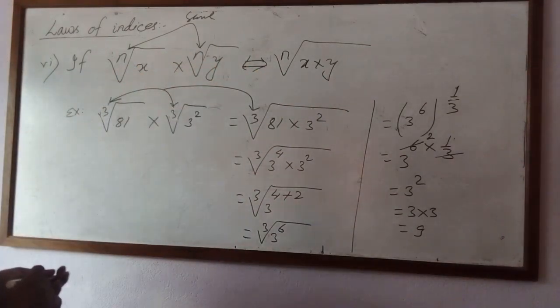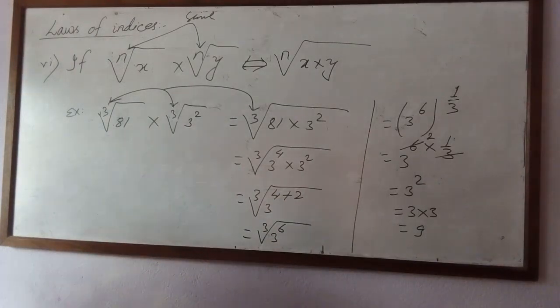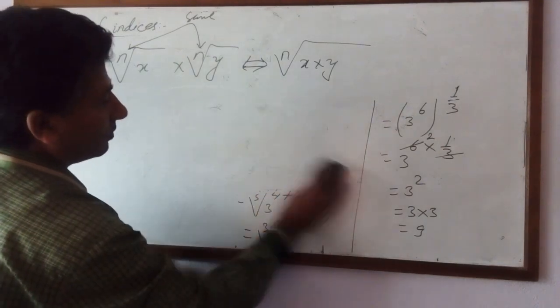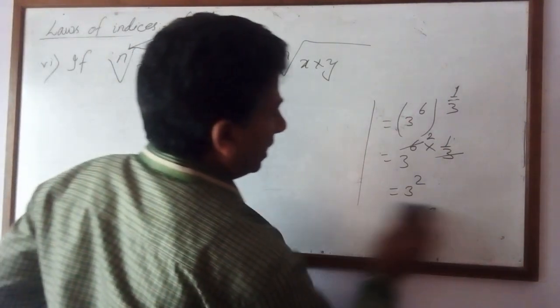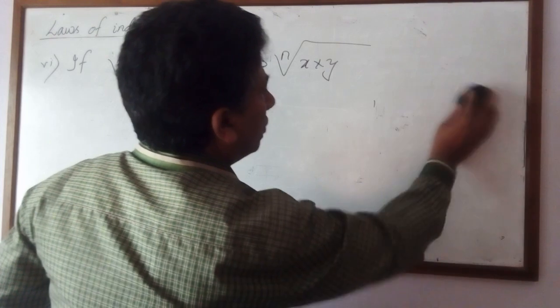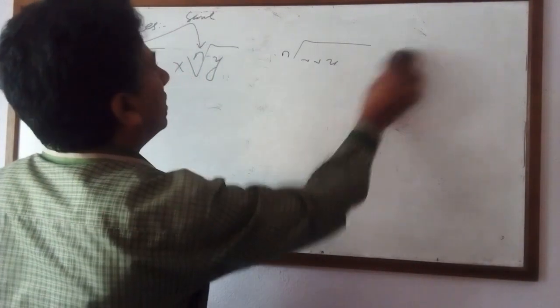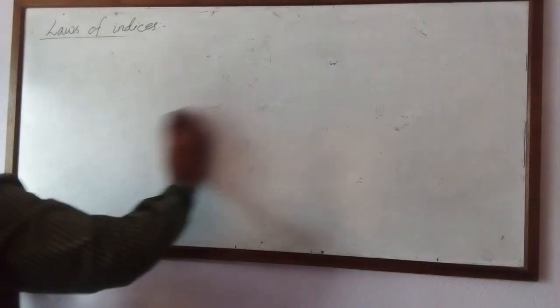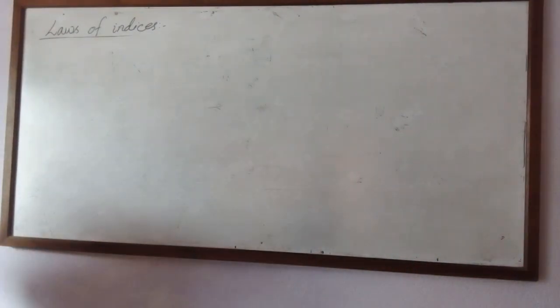Okay, now another one is like surds. To be like surds, they must have the same base and radical sign. Now a few examples I'll give.